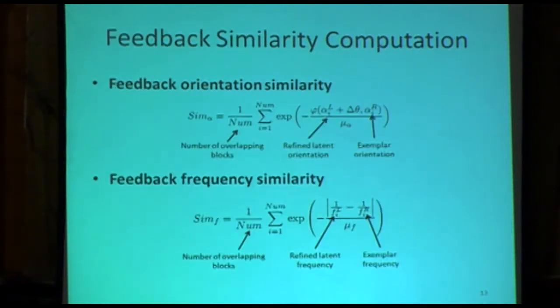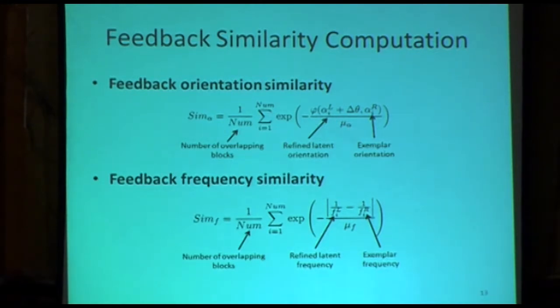Okay, the final step comprises how we compute the feedback similarity. There could be various functions, but we just go with the simplistic one. This is just computing the difference in the orientation fields. Delta theta is the alignment angle between the orientation fields, this is the refined latent orientation and the exemplar orientation, and this is a normalization constant.